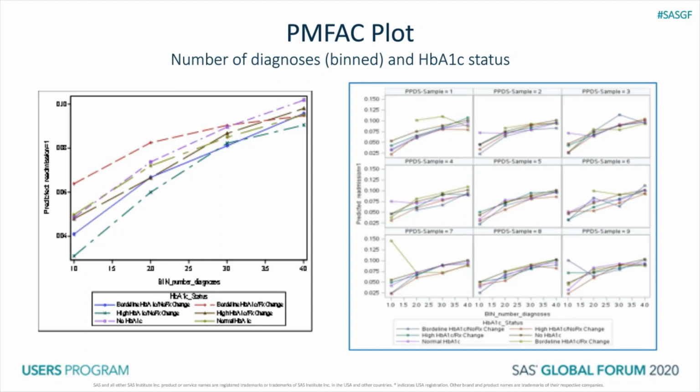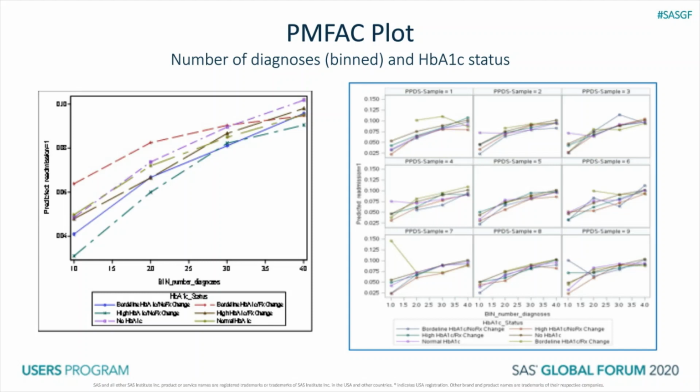And the picture on the right, based on the replicate samples, demonstrates what is observed using the entire sample to examine the relationship between number of diagnoses and probability of readmission.